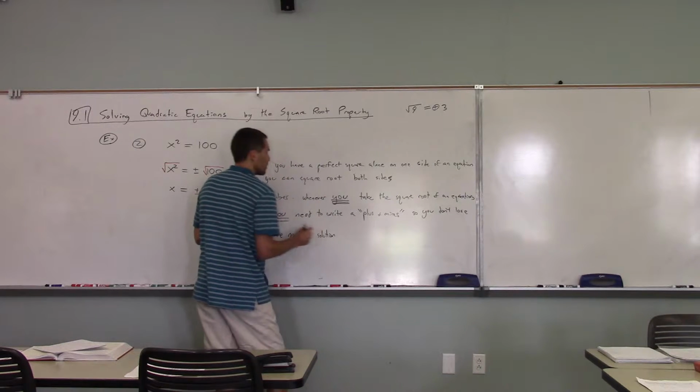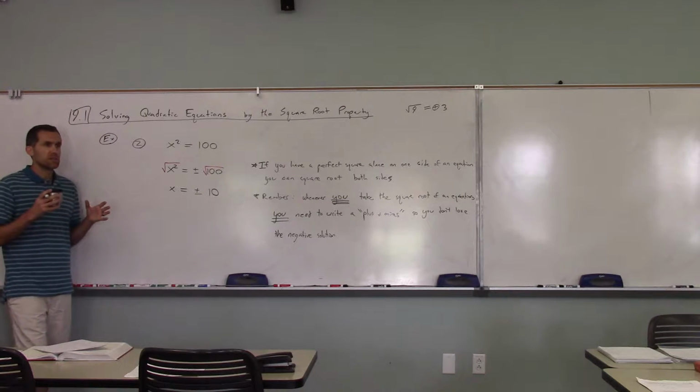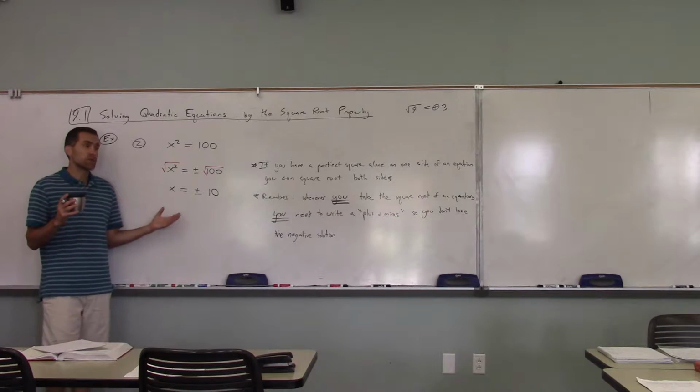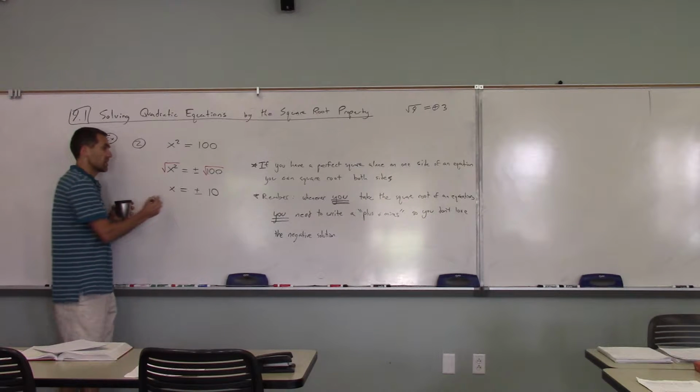That's so you don't lose the negative solution. So that's one big idea from this section. You get a perfect square alone on one side, then you square root both sides, and you put a plus or minus. And there we go, that's our answer.